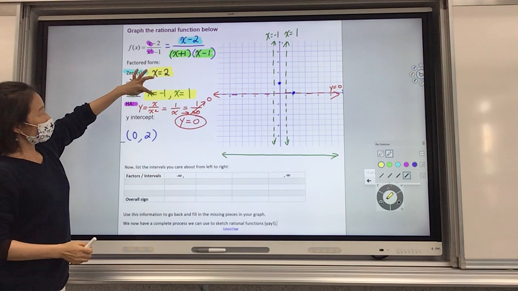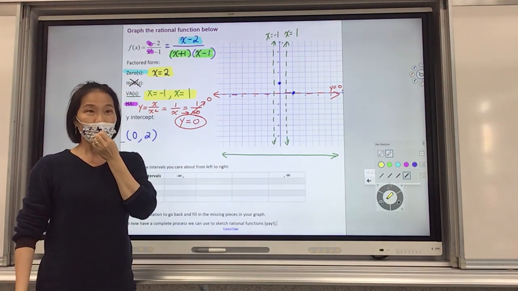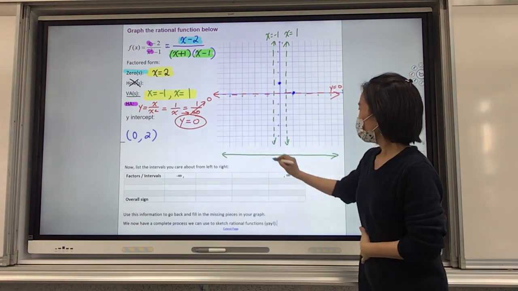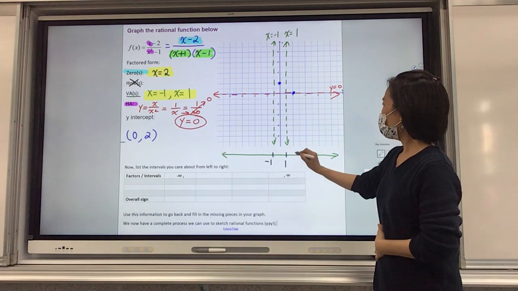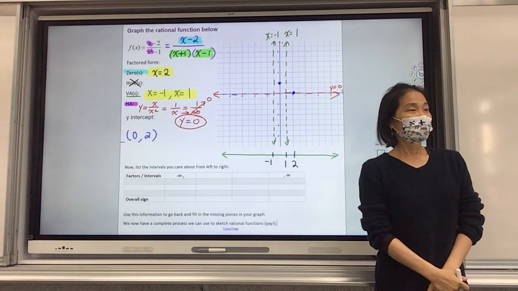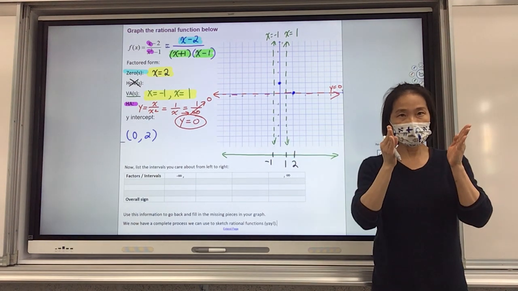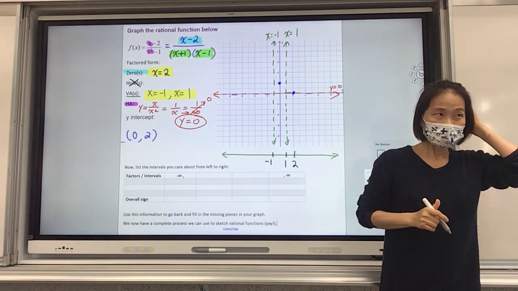These are the values I need to put down on my sign diagram. So negative 1, 1, and 2. Are you with me? All the values of vertical asymptotes and zeros have to be put down here.